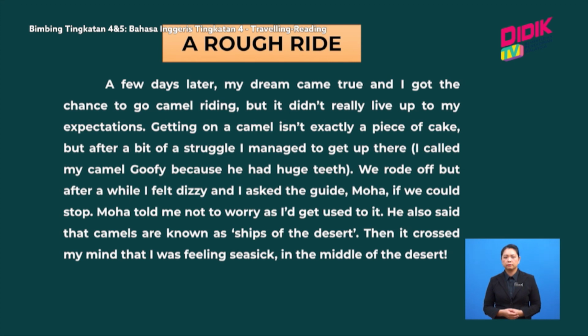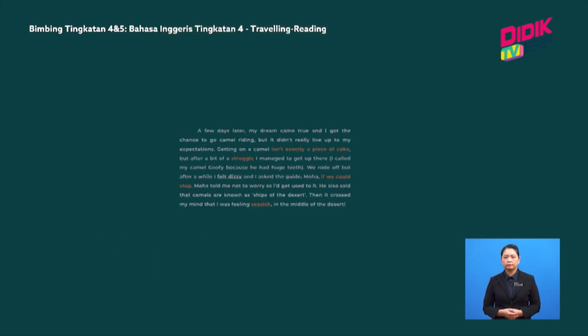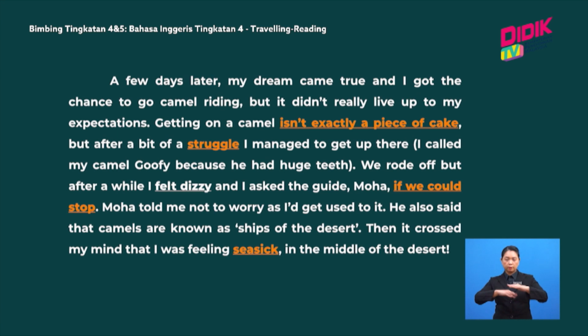Based on the phrases, isn't a piece of cake, struggle, felt dizzy, if we could stop, and seasick. We can see that the topic and concluding sentences match with the text heading and important words and phrases from the passage.